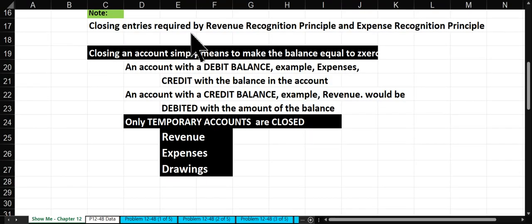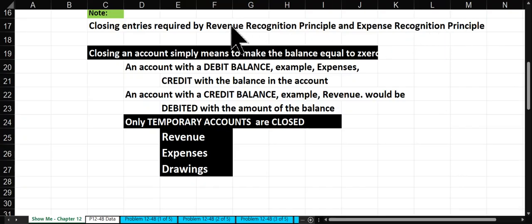Let's start by ensuring that we understand what closing entries are and what they are not. Closing entries, first of all, are required in order to conform to at least two accounting principles: the revenue recognition principle and the expense recognition principle, also called the matching principle.